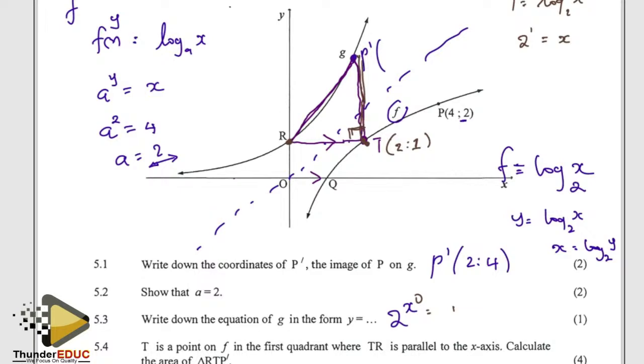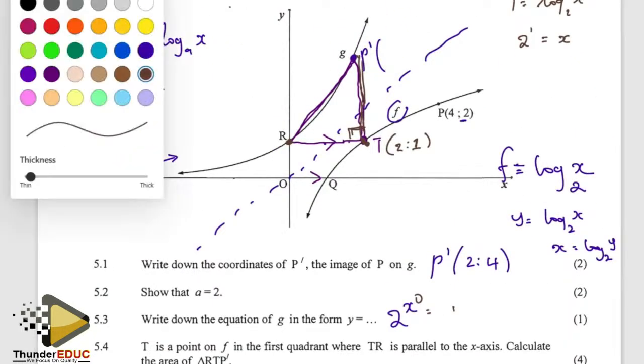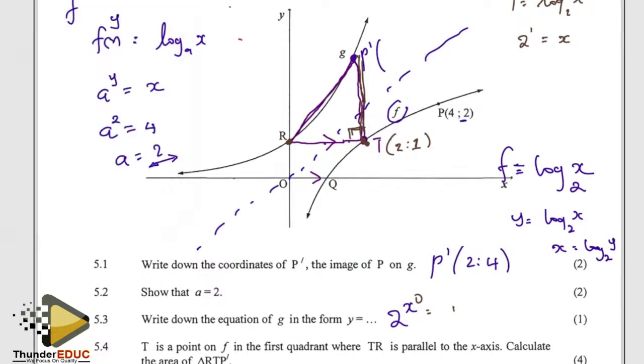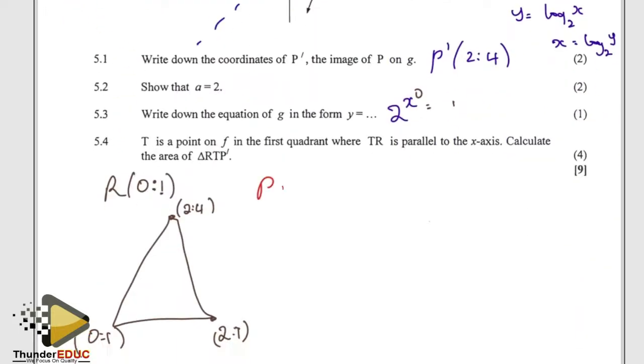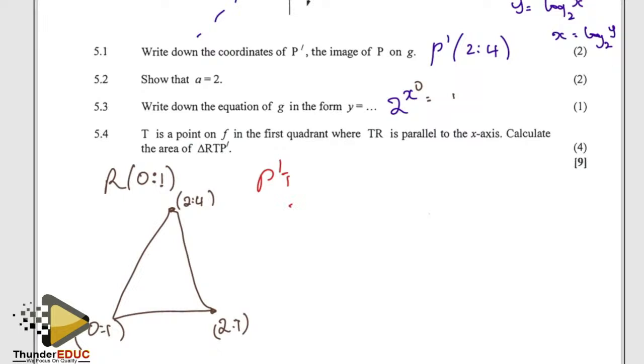There's no need to stress. Now we need to get the distance, which will be our height. What is the distance from there to there? If that is (2, 4), we're looking at 4, and then we're looking at 1. So those are 3 units. So I'm going to say distance P'T is 3 units.